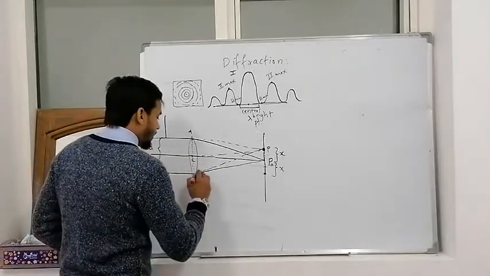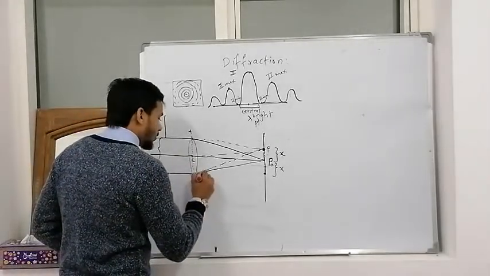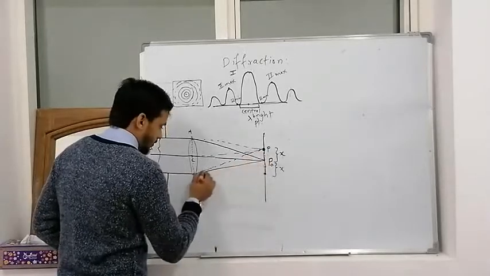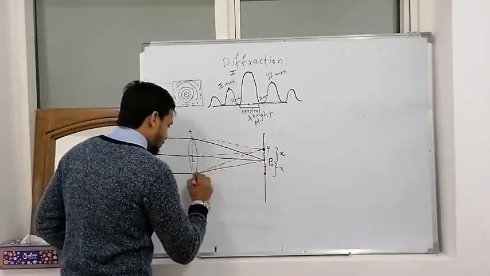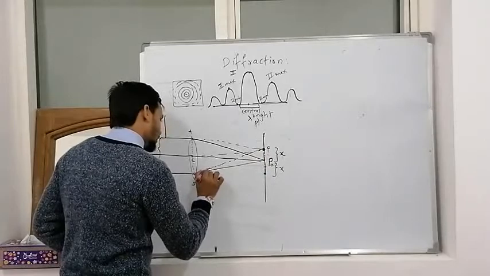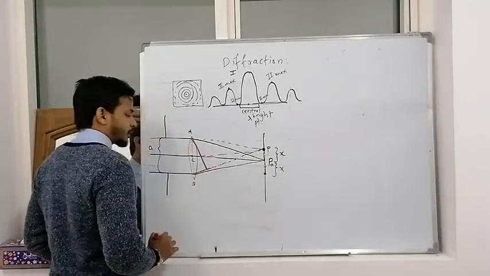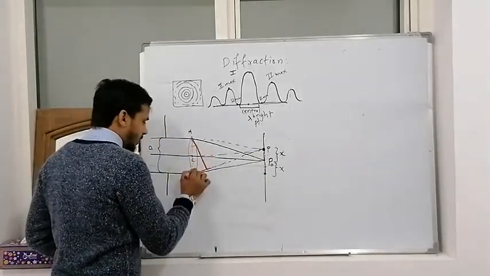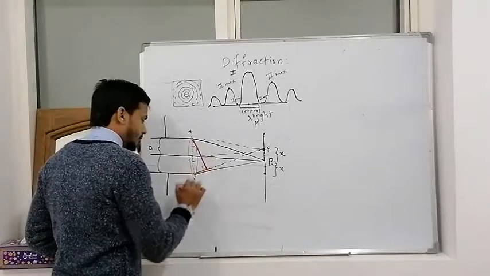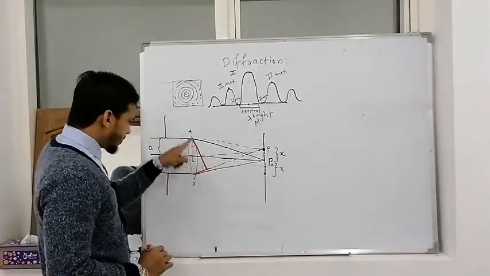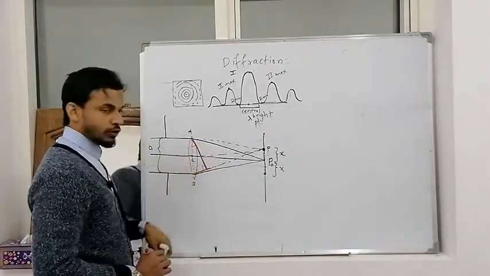Now if I take the perpendicular on this secondary wave, I should take it like this. Here will be some theta, here will be 90. If this is 90, AB must be the hypotenuse.